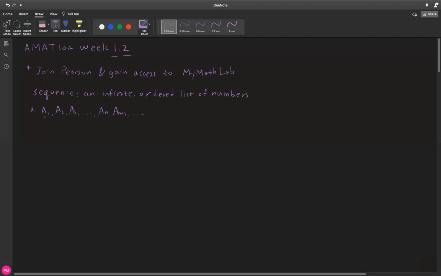Here, this a sub 1 implies the first term of the sequence, and a sub 2 is the second term, and so on, and a sub n will denote the nth term.